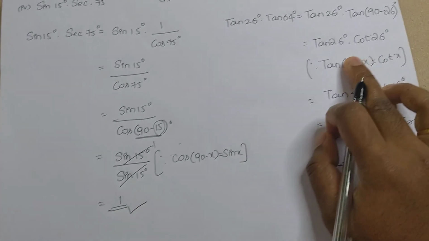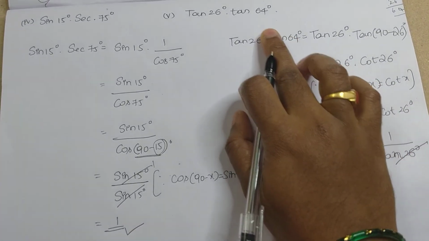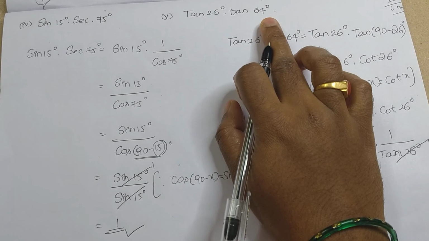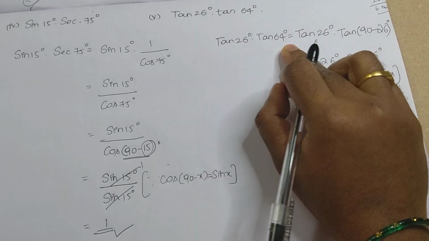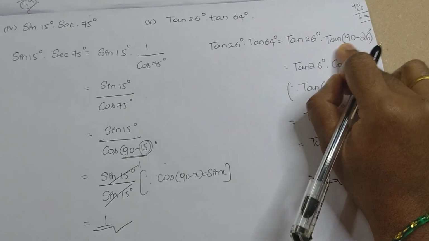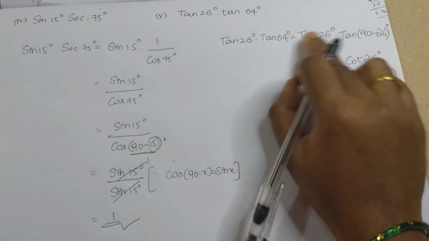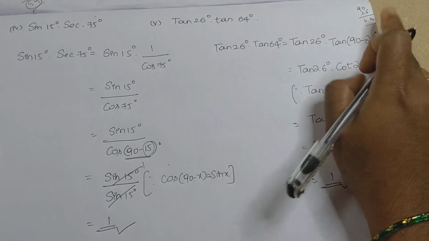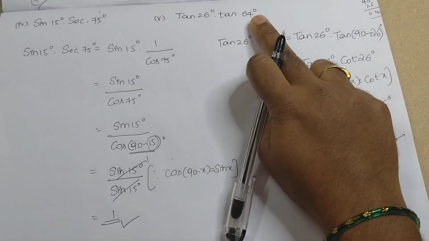Clear? So the fifth sub question here, tan 26 into tan 64 equals, put the tan 26 like that only into tan of, can I write the 64 as 90 minus 26, check whether the subtraction gives the same thing or not.